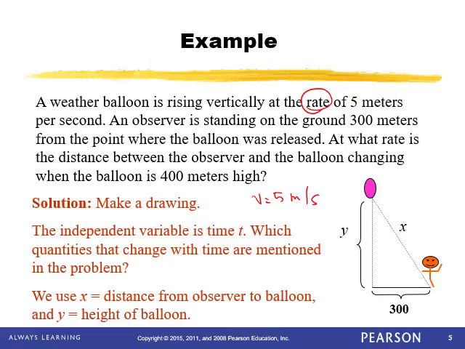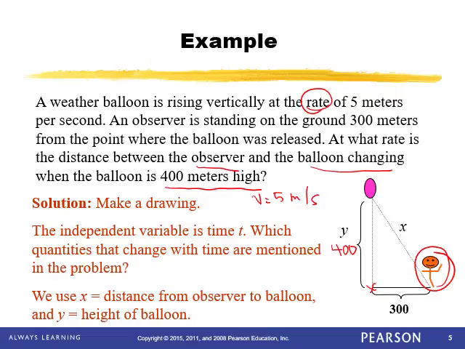And the distance of the person from where the balloon started is 300 meters from the point where the balloon was released. At what rate is the distance between the observer and the balloon changing when the balloon is 400 meters high? So here we have the balloon is 400 meters high. That means y is 400 meters.